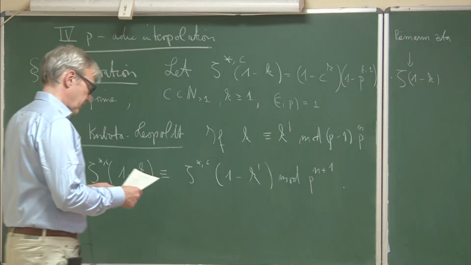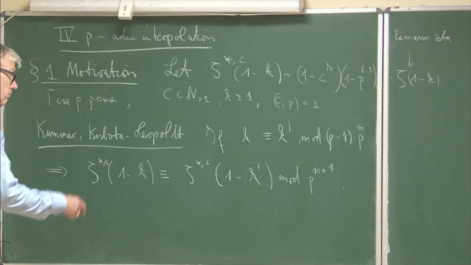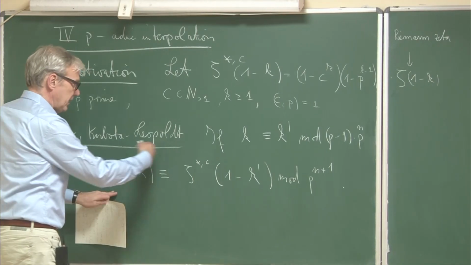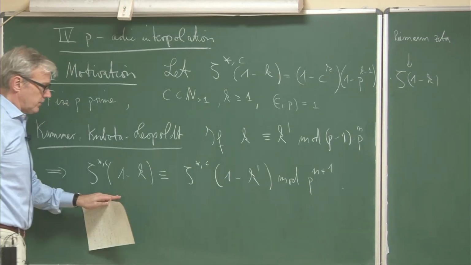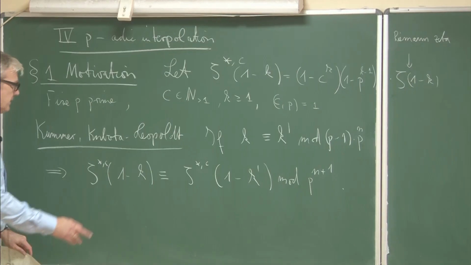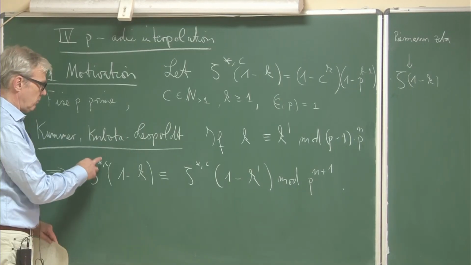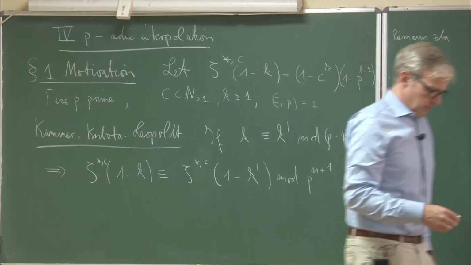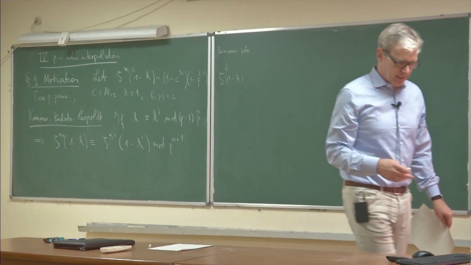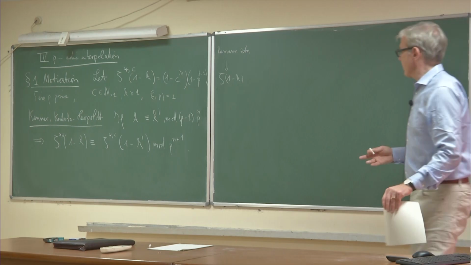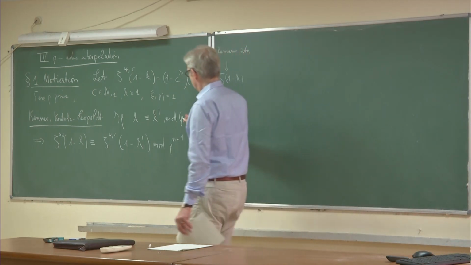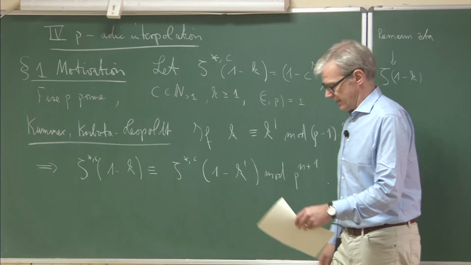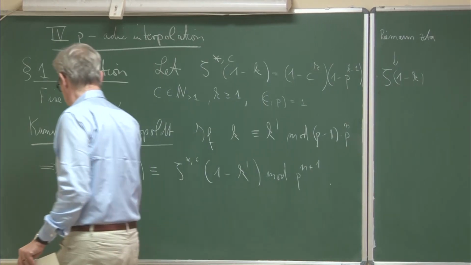And the question is how to study all these congruences conceptually. And this has been started by Kubota and Leopoldt, and then later, in particular Mazur, they have invented the theory of p-adic measures, which gives a very smooth way of expressing this. And I want to recall that now.